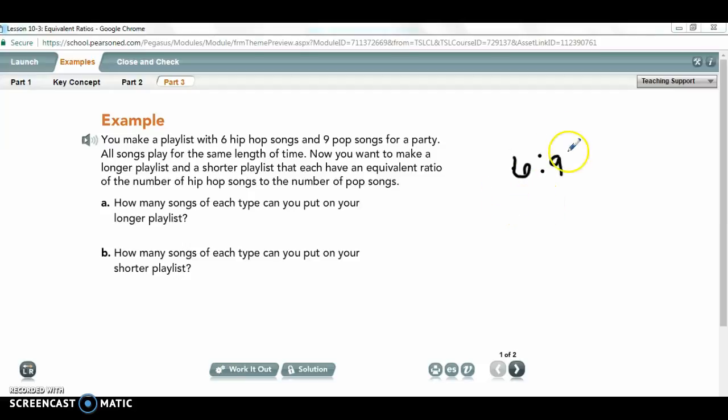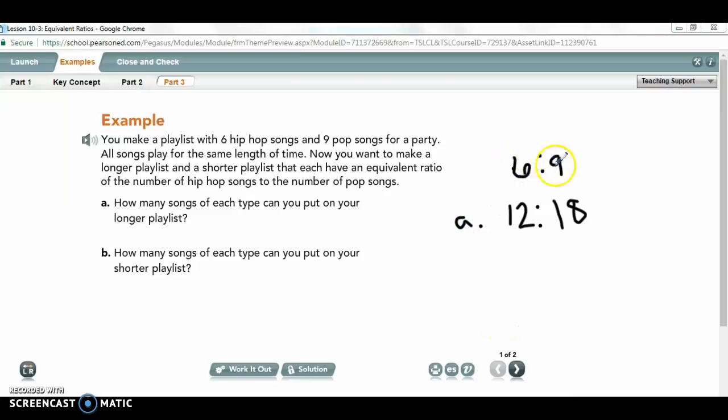If I double this, I know that I can still have an equivalent ratio of hip-hop songs to pop songs if I do 6 times 2, which is 12, and also 9 times 2, which is 18. So 12 to 18 is an equivalent ratio to 6 to 9. So this answer goes with A. I'll put an A by it.